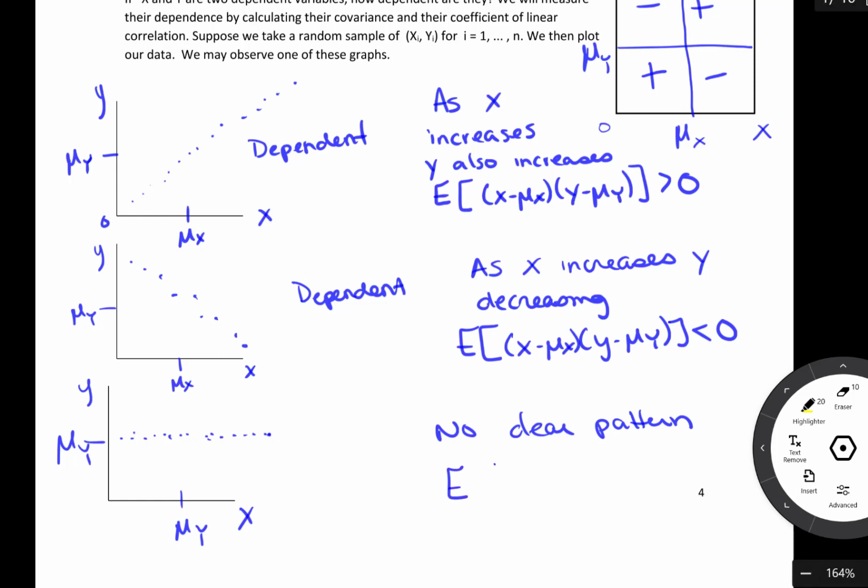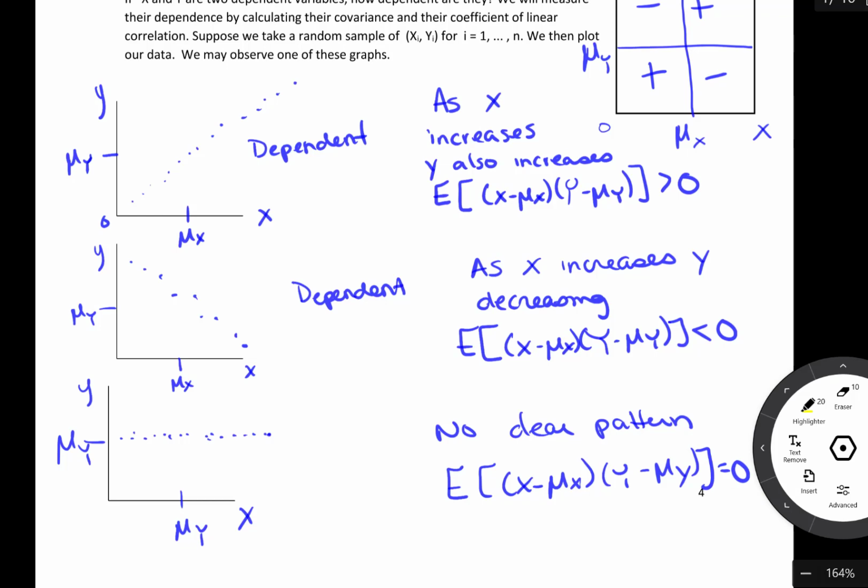And so in this case, that expected value that we've been looking at will be equal to 0. That should be a capital Y there. Really, all of these should be capital Y, since Y is a random variable. Let's change that.